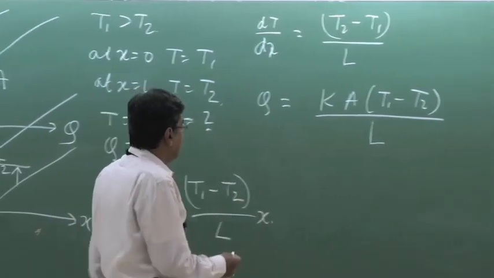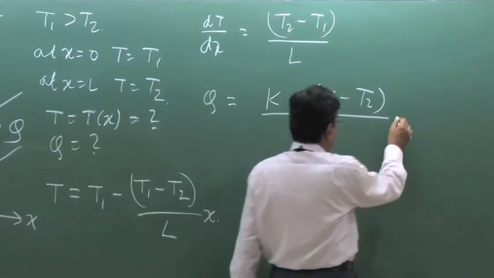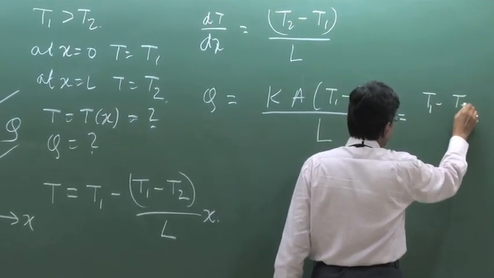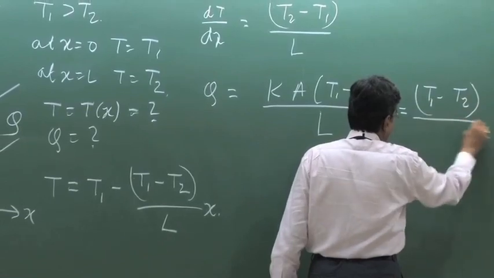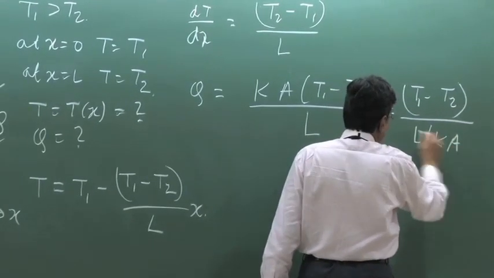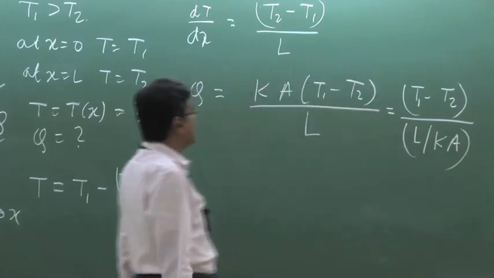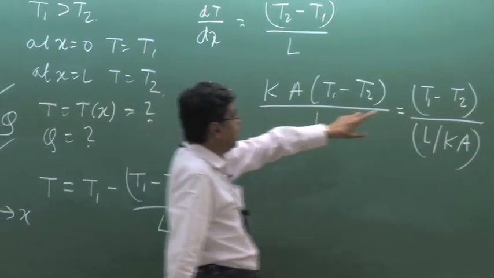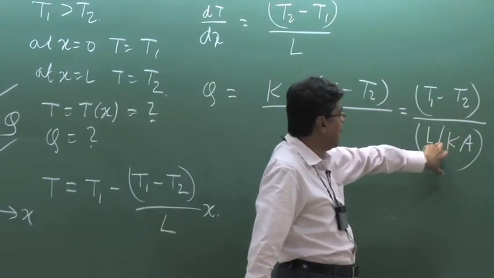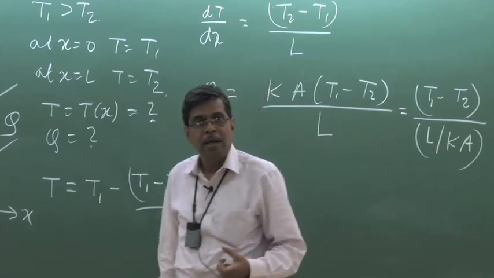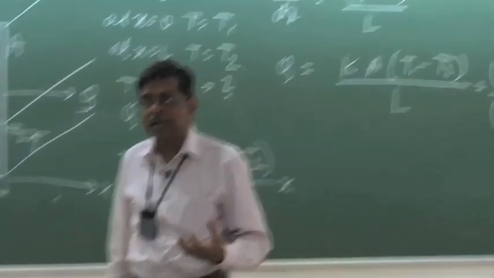This can be written in a fashion like this: T1 minus T2 divided by L by KA. Now this looks like an equation that flux is equal to the potential difference divided by some quantity which includes the geometry and the conduction property.